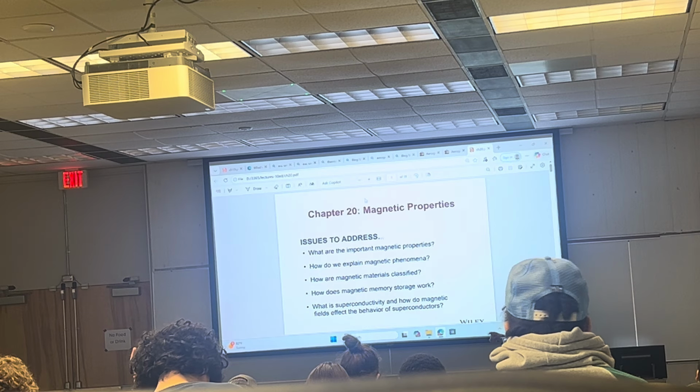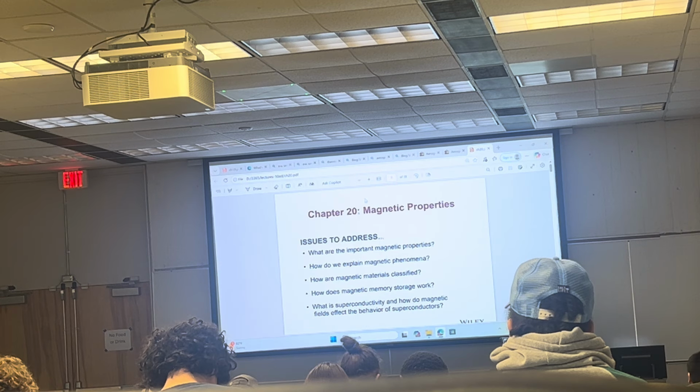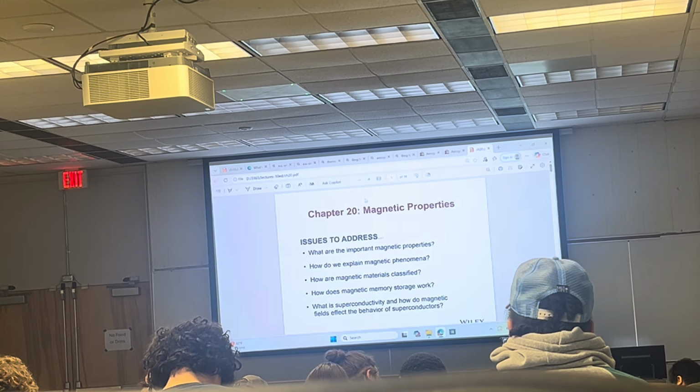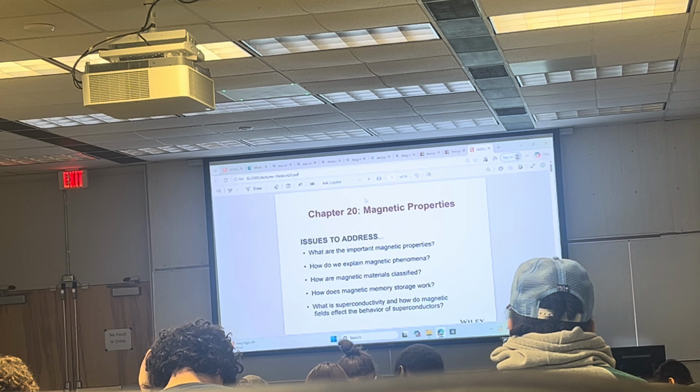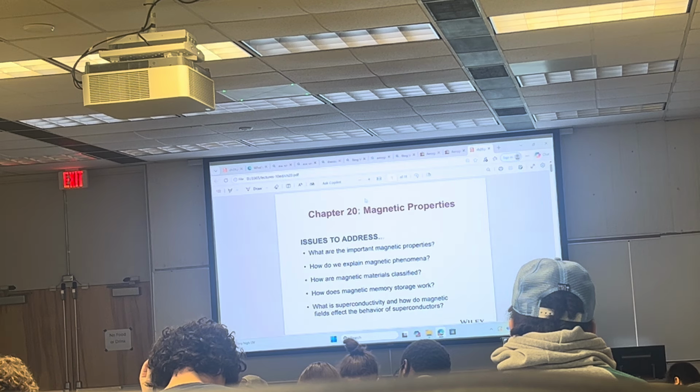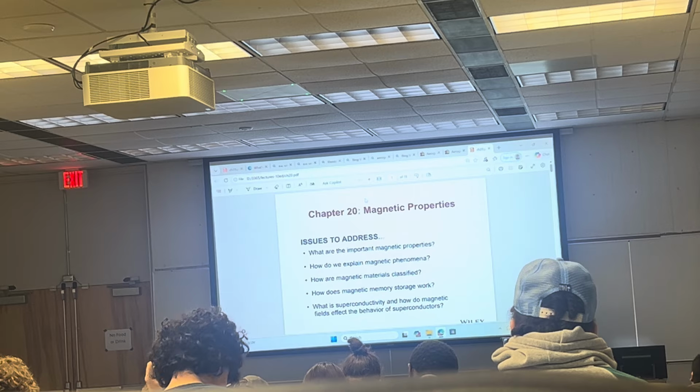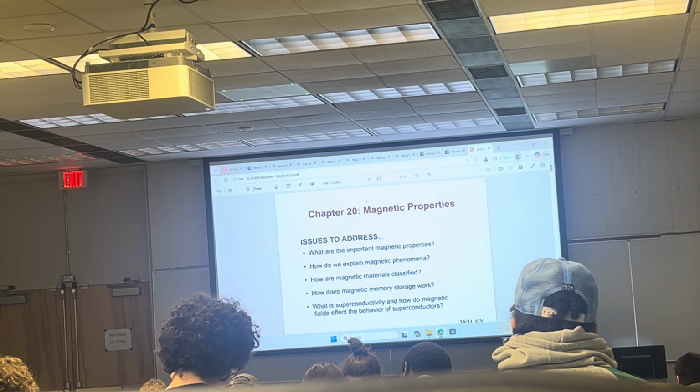So before we dive into this, I want to ask you this question: why is it not sticking to the front of your fridge? Because the front is made from stainless steel, non-ferrous. But the sides?